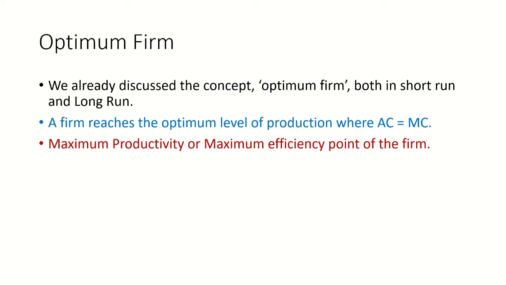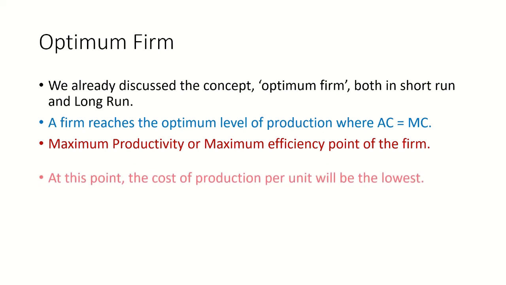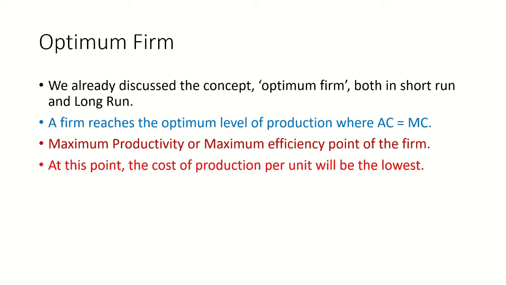It is the point where AC is equal to MC. So if the question is which point is the maximum productivity or maximum efficiency point of the firm, the answer is that it is the point where AC is equal to MC. Why do we say it is the point of maximum efficiency? Because the cost of production per unit will be lowest at this point.